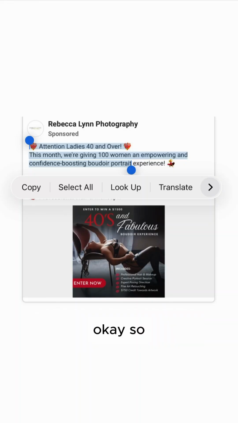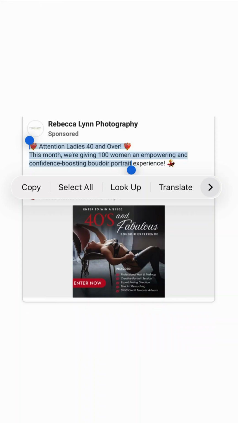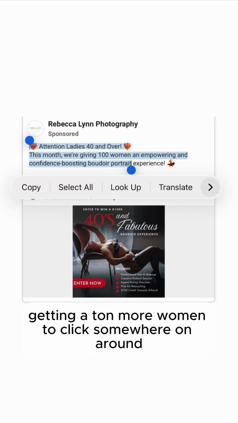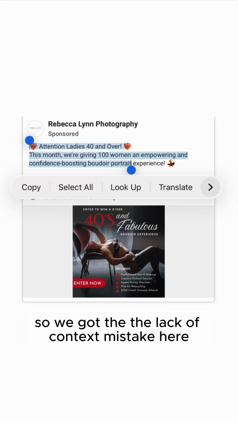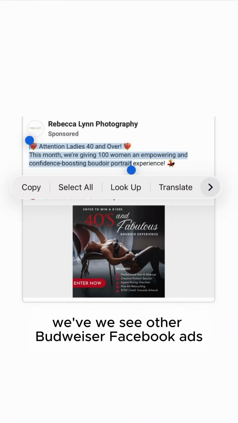Okay, so we do got a little bit of context here. Not as much as we need, though, to give ourselves the best shot of getting a ton more women to click somewhere on our ad and get our ad into their brain. So we got the lack of context mistake here. The false belief that caused this mistake is, well, we see other boudoir Facebook ads.